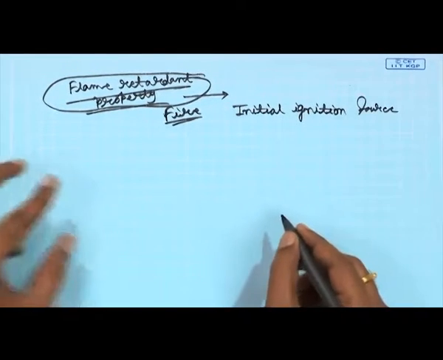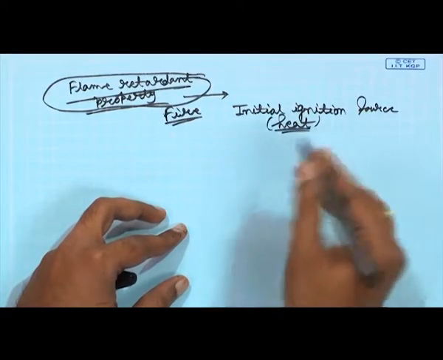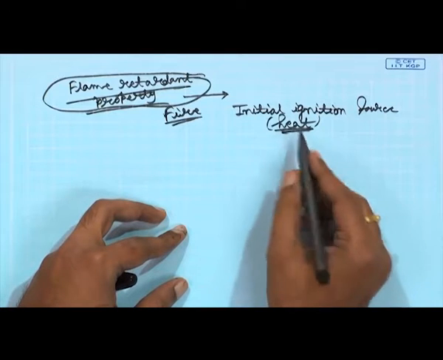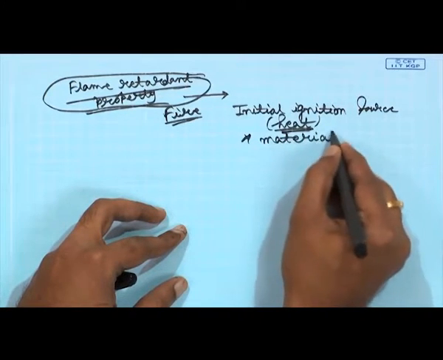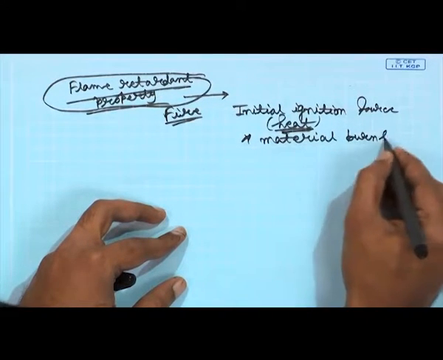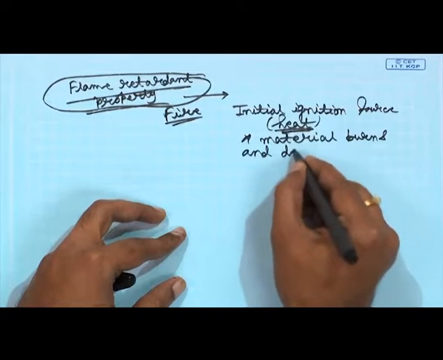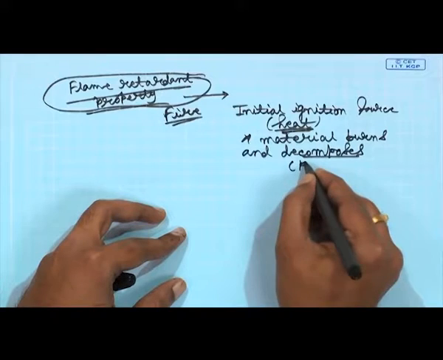Maybe you are heating the system or whatever. So, this is the source, and then the material that you have will burn, and when it burns it decomposes. So, this is actually your pyrolysis.